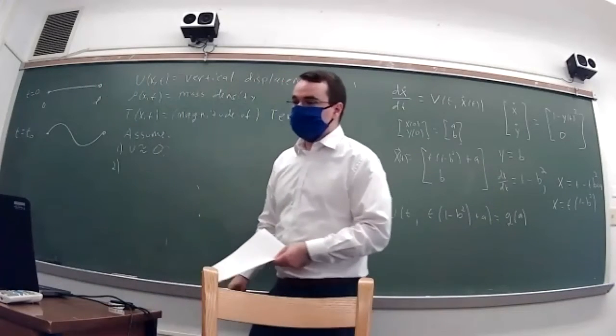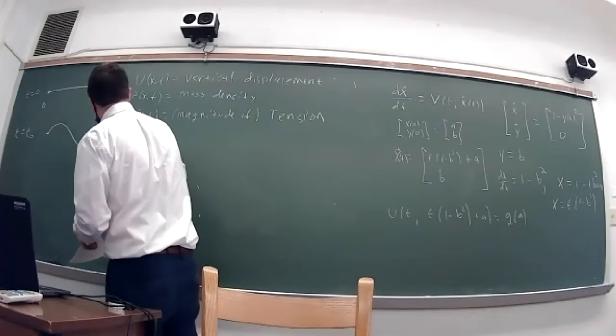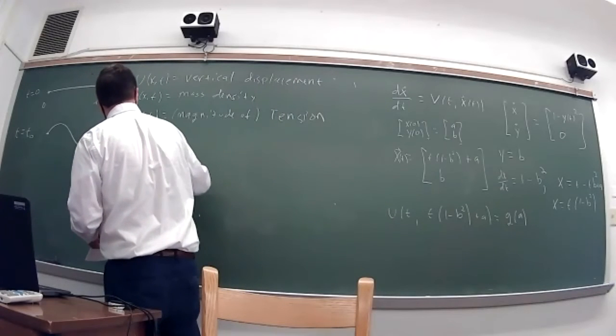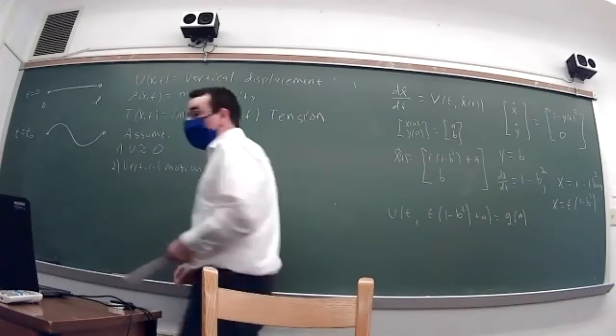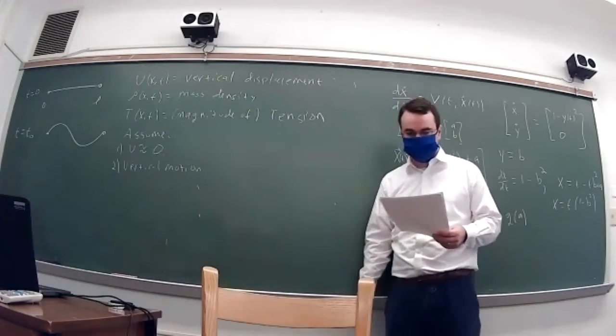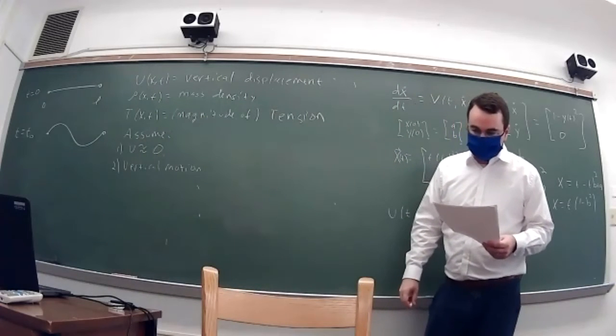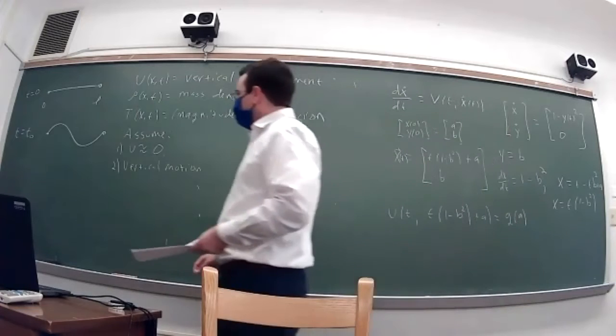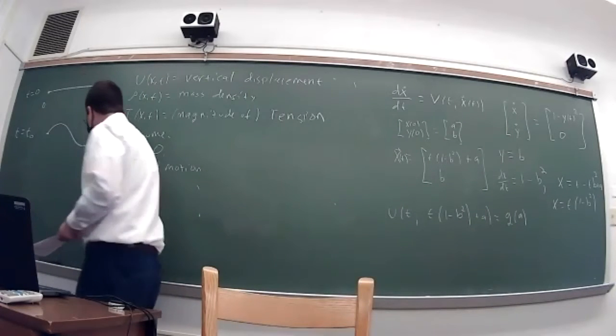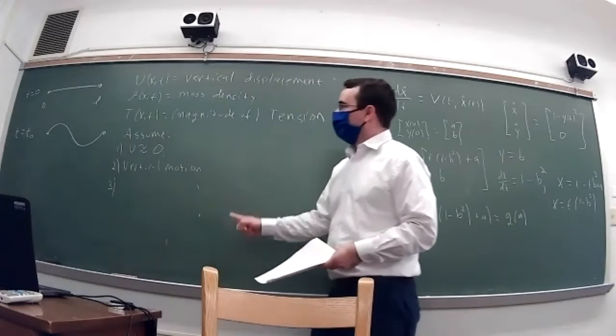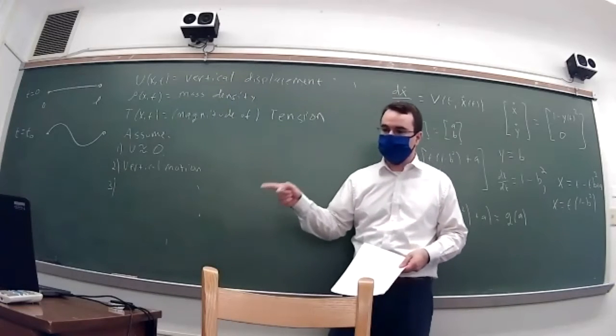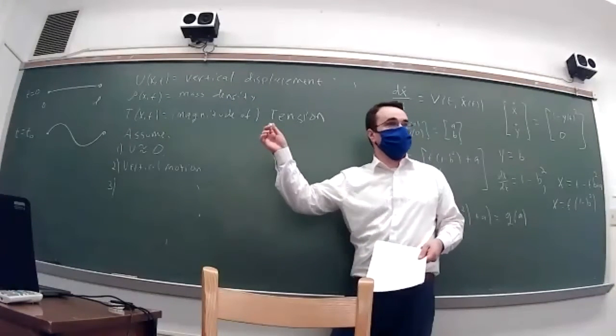Second, as I've already just stated, only motion in the vertical direction. And three, I'm going to ask that the tension force is in the direction of the tangent line.